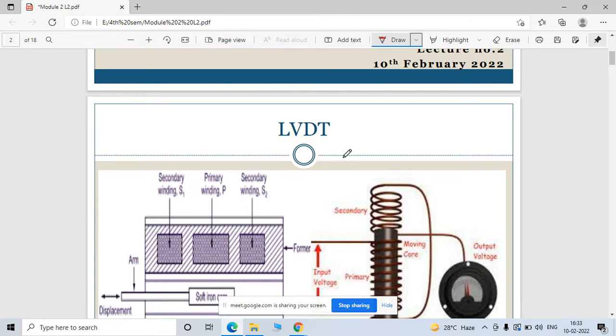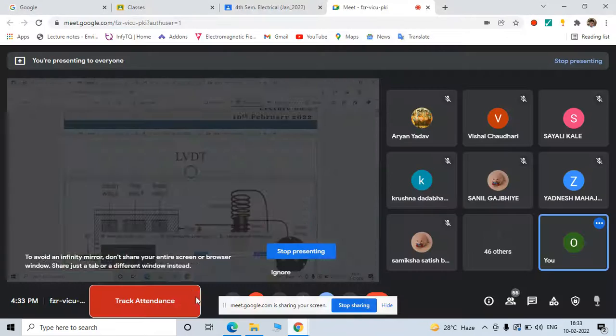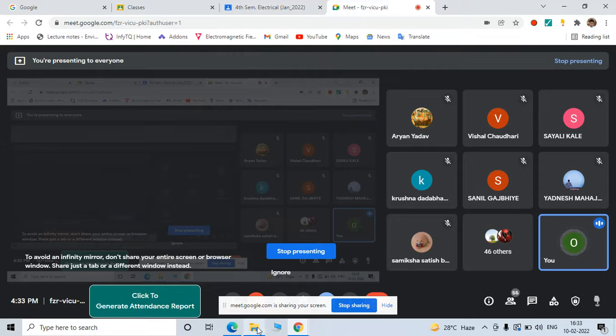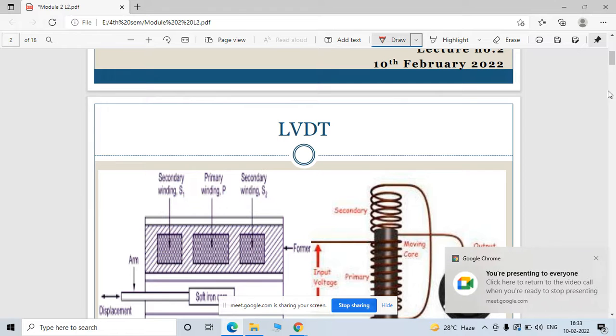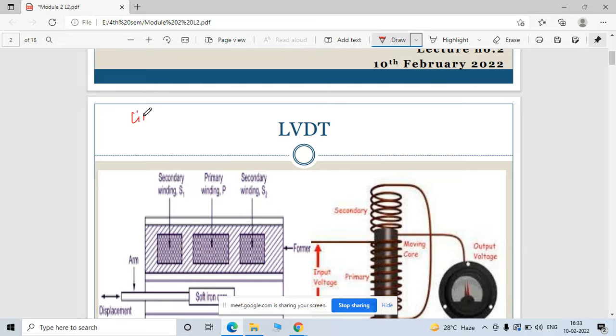LVDT stands for linear variable differential transformer.